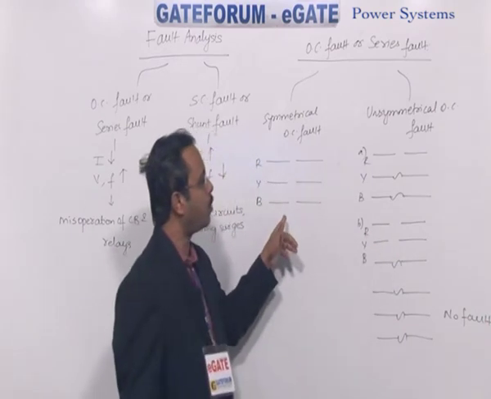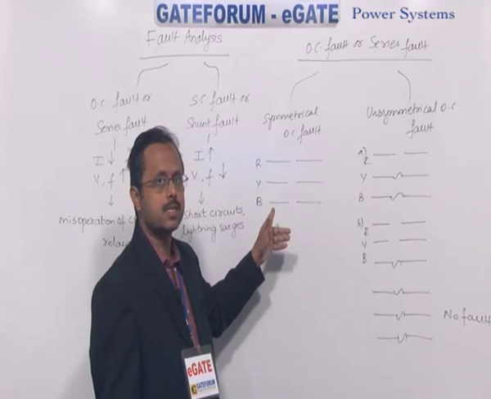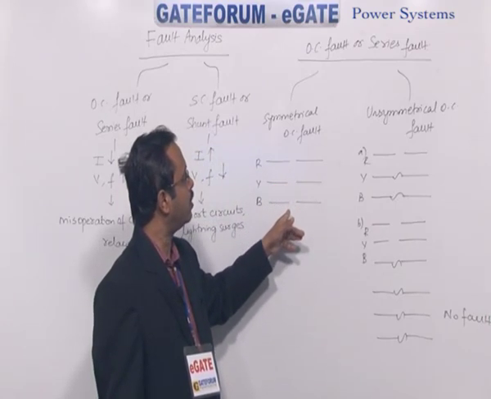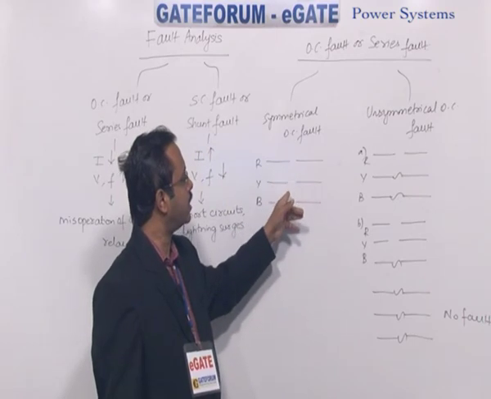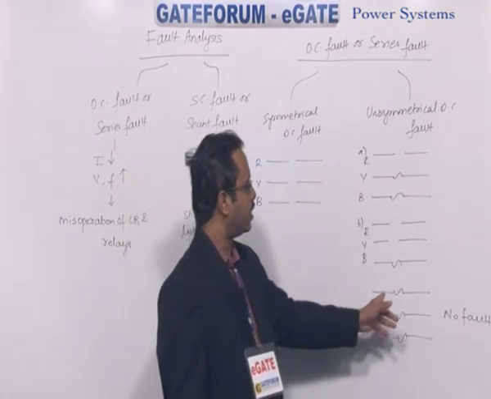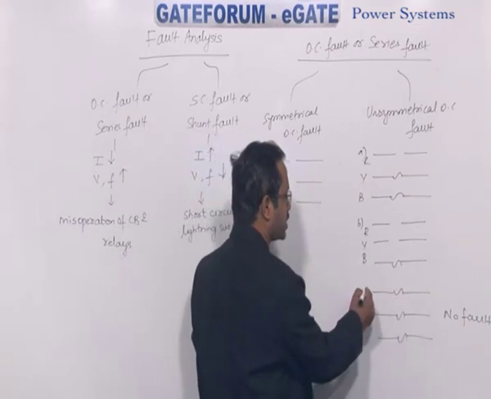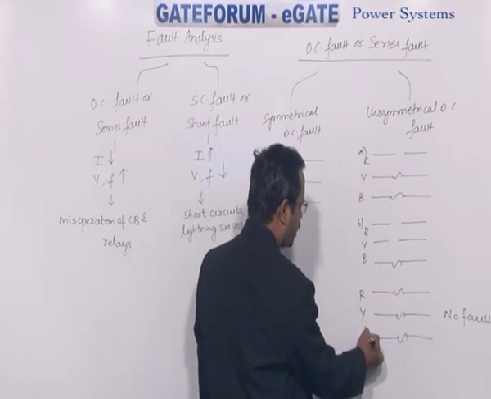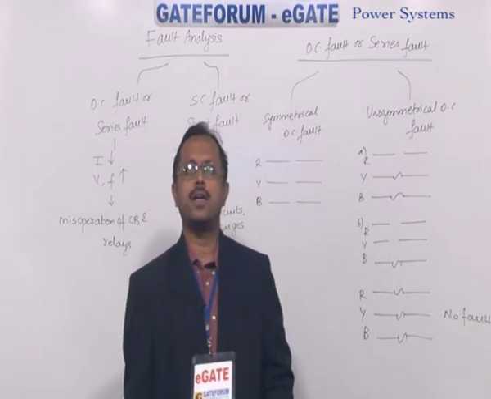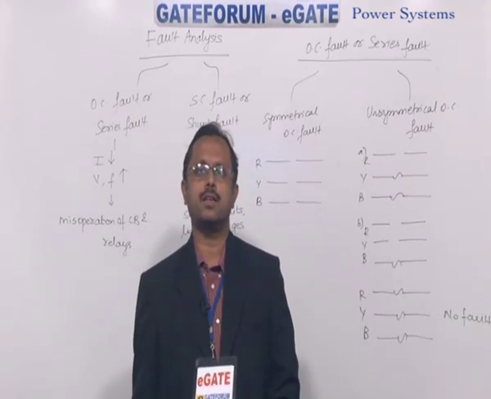Here symmetrical open circuit fault, because the fuses in all the three phases are blown out. Here the fuses in all the phases are intact, so it indicates no fault condition.